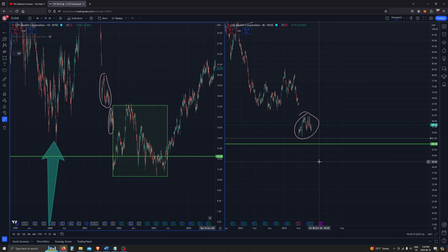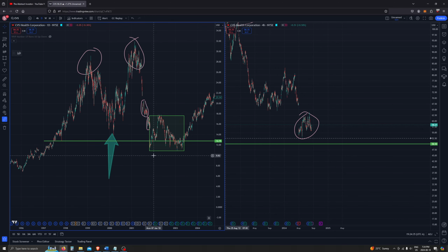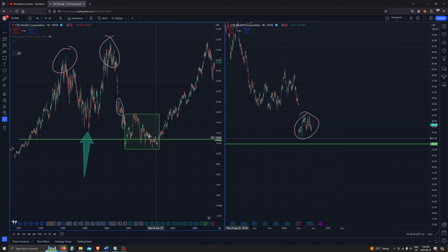So if it was to come down here into the 40s, and then it came back up and got over 63, then I'd probably sell it off and let it take its time to come back down. And on these smaller patterns, this basing formation happened within 2 years.